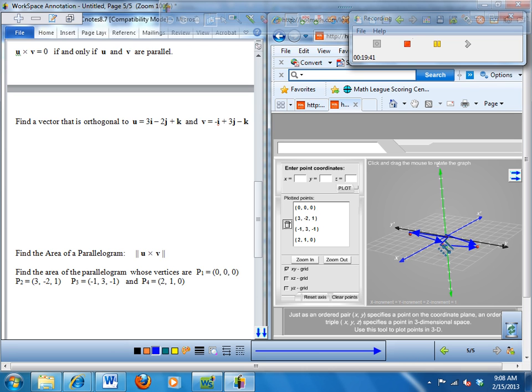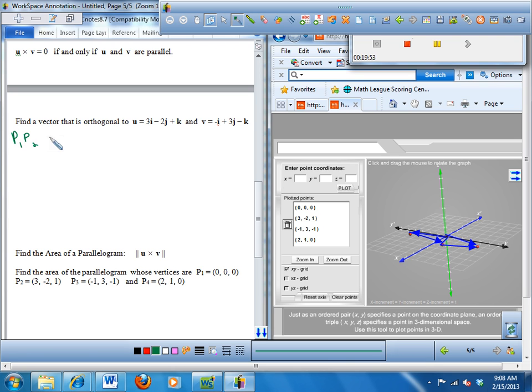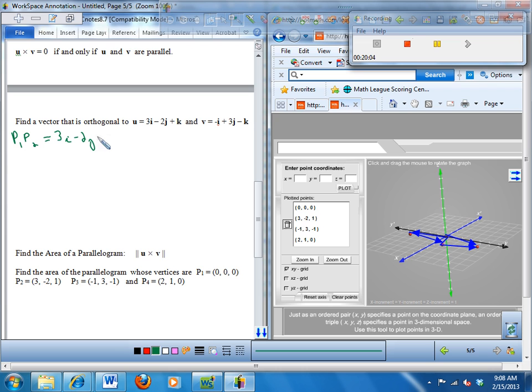Now, to go from P1 to P2, so vector P1 to P2, what's P1 to P2? By subtracting components, it's 3i minus 2j plus k.